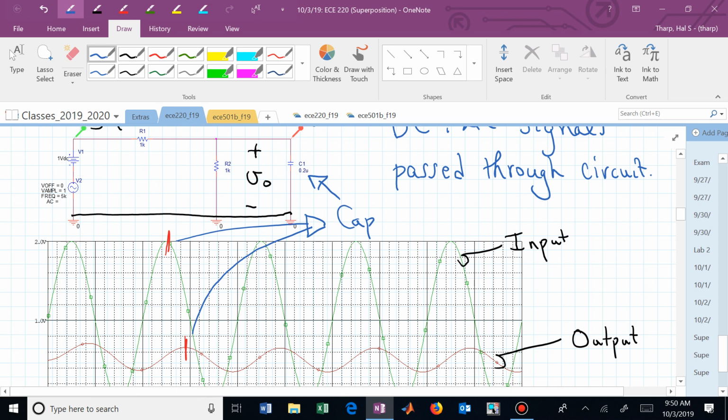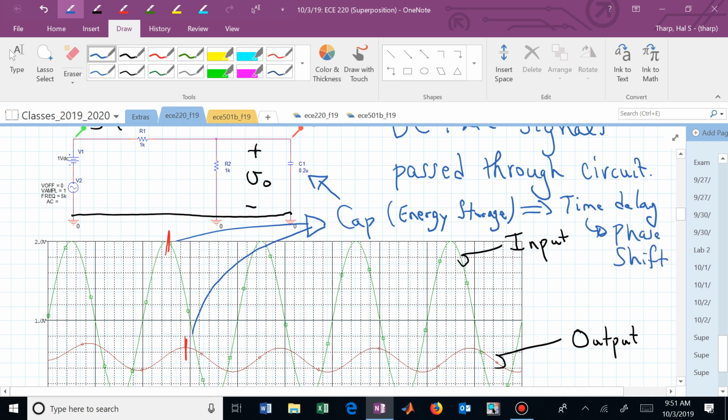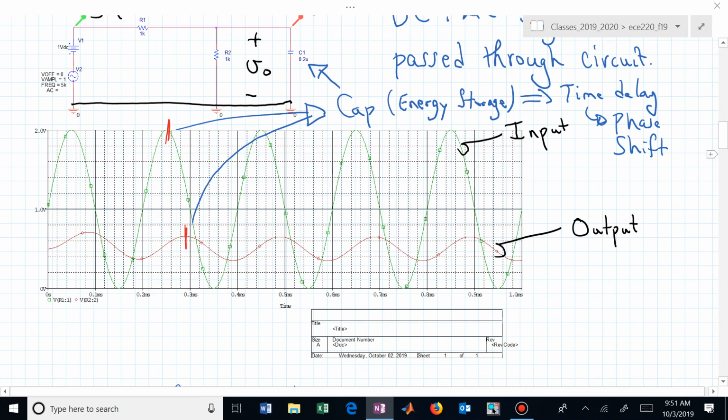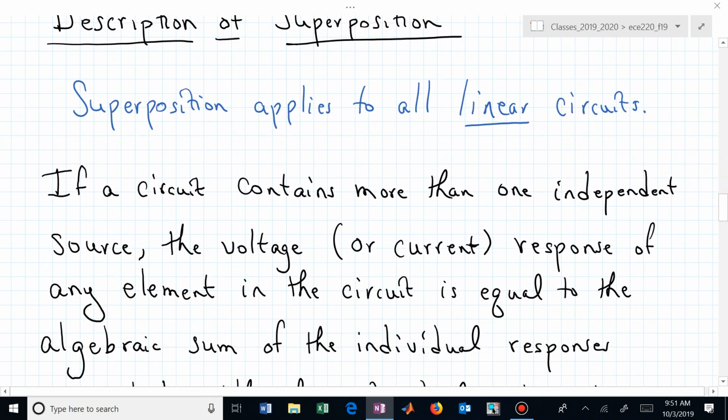That gives us the energy storage characteristic of the capacitor, which leads to a time delay between when we excite the circuit and when it gets into a steady state itself. And sometimes we can translate that time delay into a phase shift. All right, if that was really confusing, so be it.